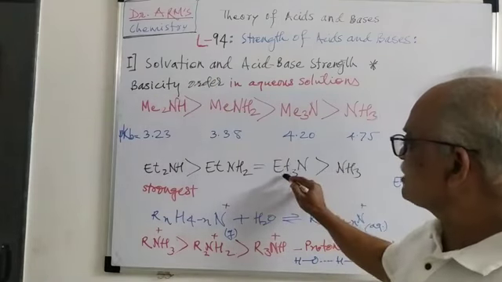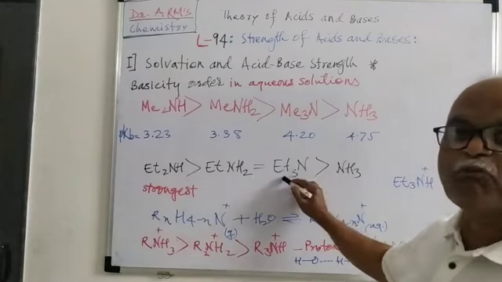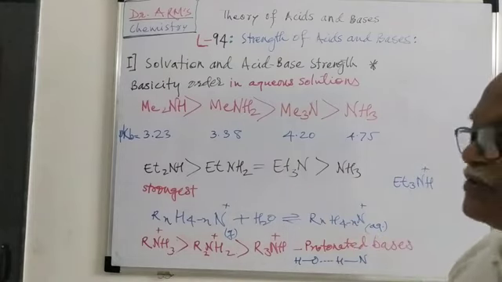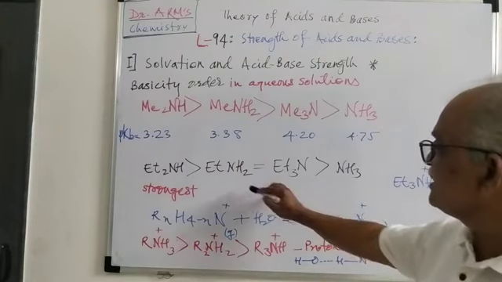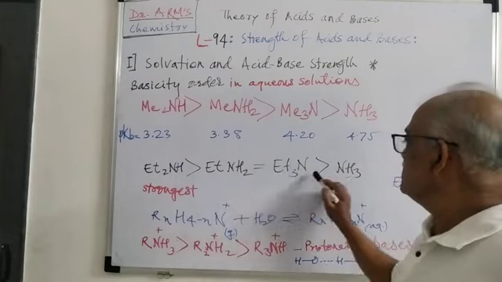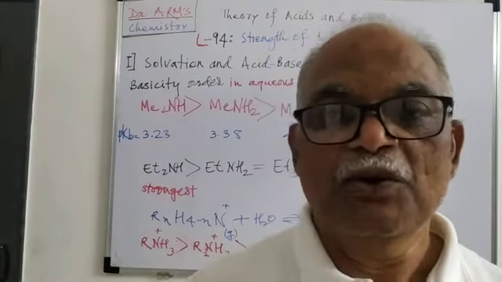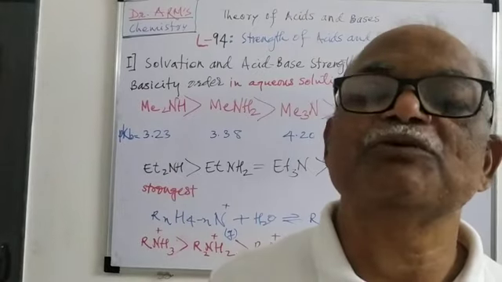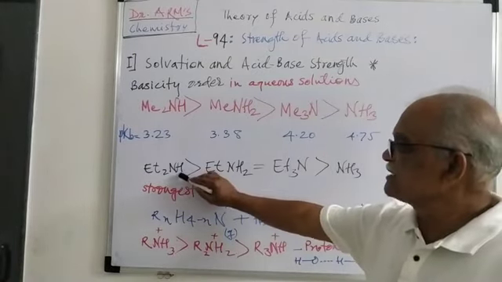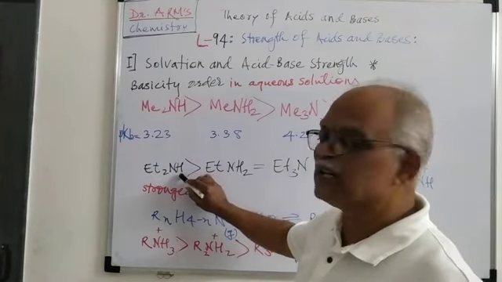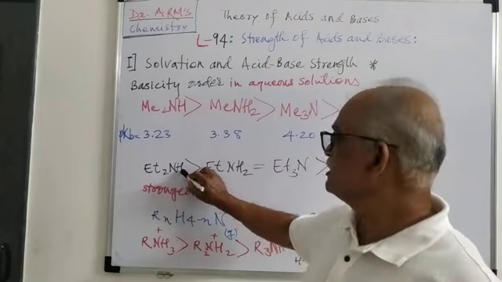The solvation effect depends upon the number of protons which are available on this nitrogen to form hydrogen bonds when the amines are dissolved in water. Here in this case you will find that there is one proton available for protonation when it is dissolved in water.